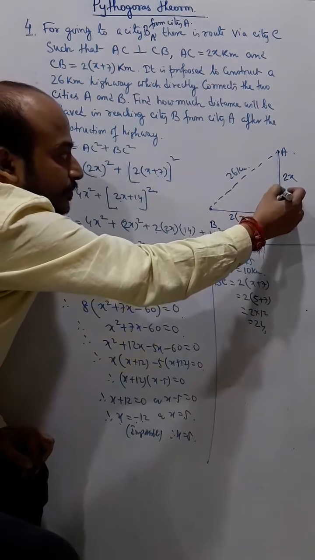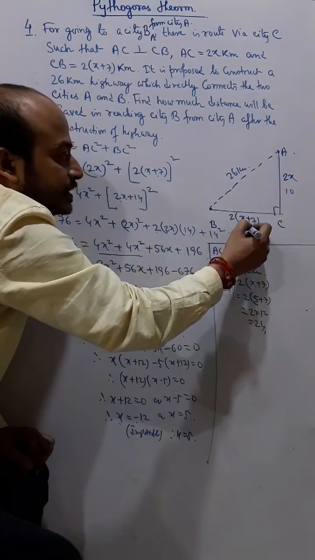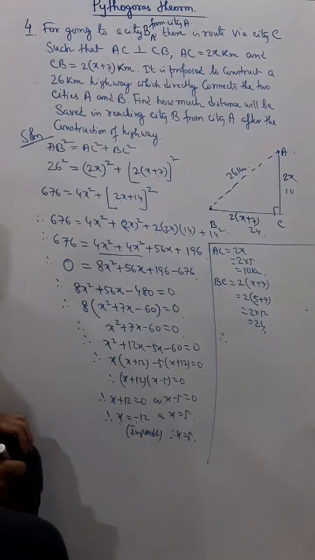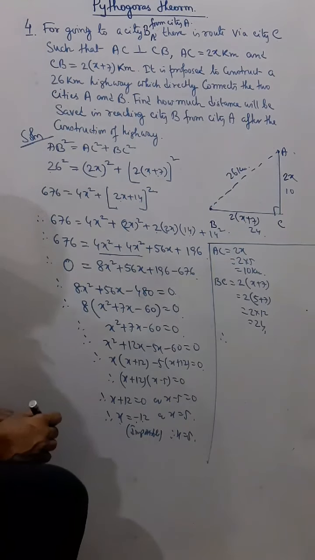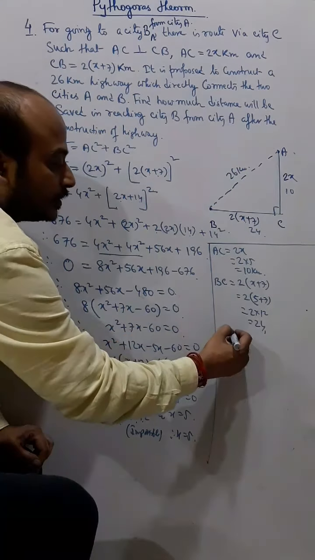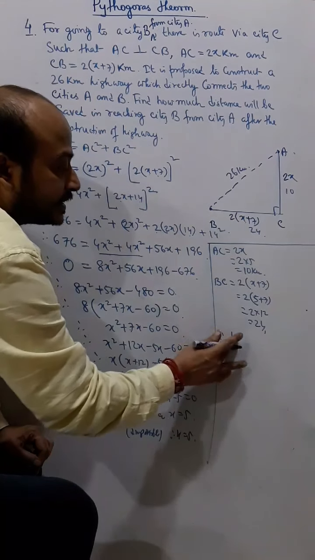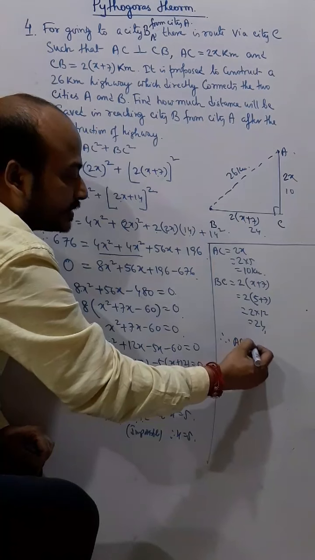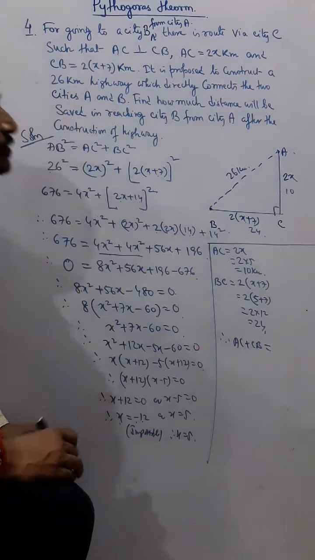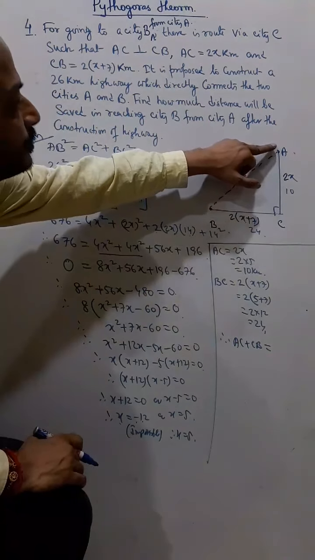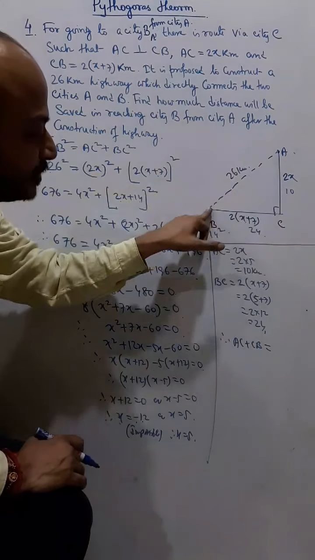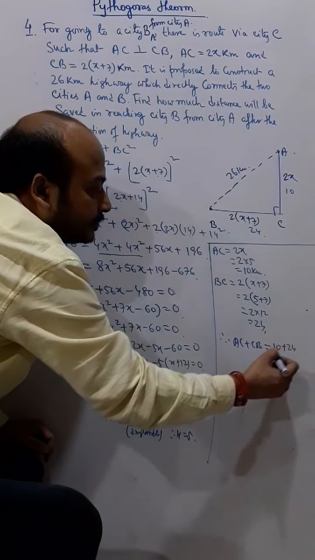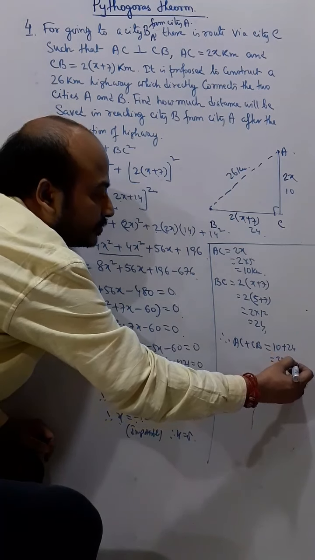So finally we got this as 10 and this as 24, and therefore we can say that AC plus CB, because previously we used to travel A to C and then C to B, so AC plus CB is 10 plus 24 is equal to 34 kilometer.